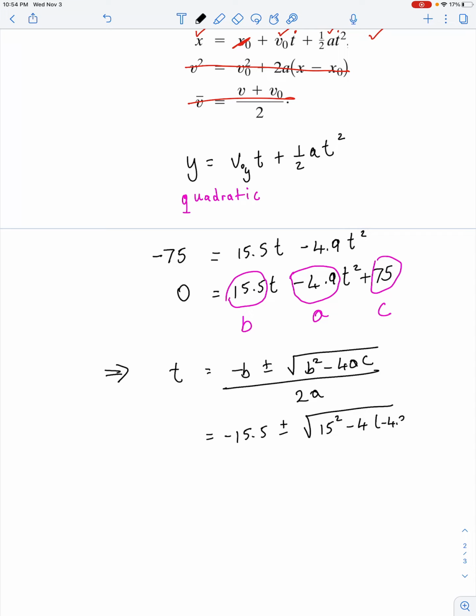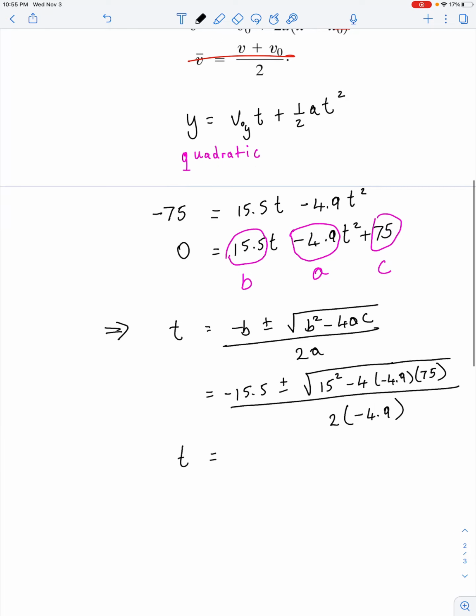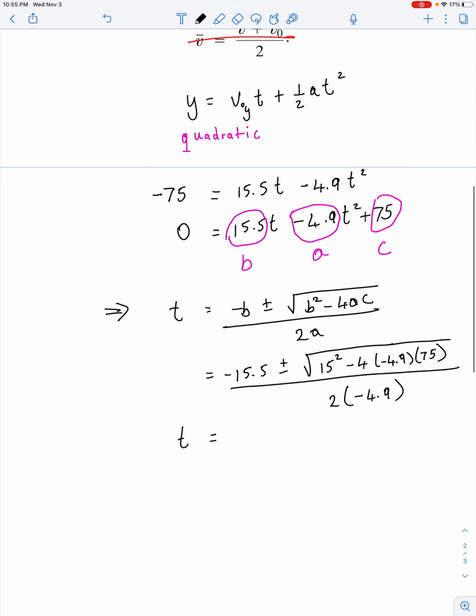Minus 4.9 times 75, all over 2 times minus 4.9. Now, I'm definitely not going to work this out. You could punch that in your calculator and solve, but you should end up with 2 times because there's a plus and a minus there.